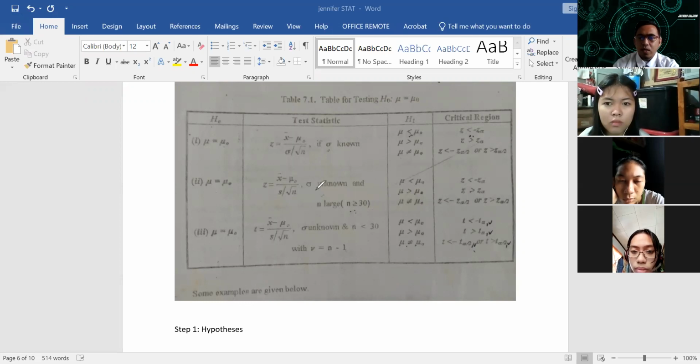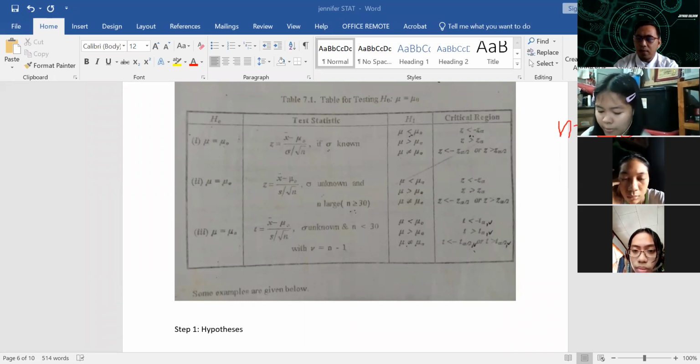So if N is greater than or equal to 30, for example, there are 50 samples that you get, and then you measure each sample. In that case, if your population standard deviation is not given, you will use case number 2.